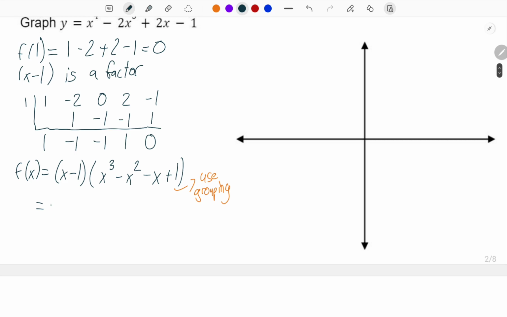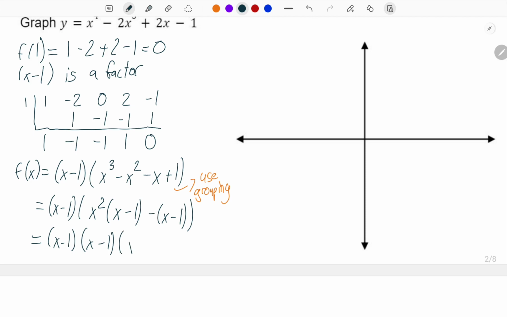Okay, so if we use grouping, x minus 1, factor out what you can, so x squared, x minus 1, minus, take out the negative, x minus 1. And so then you're left with x minus 1 times, well, another x minus 1. And then what's left over is x squared minus 1.